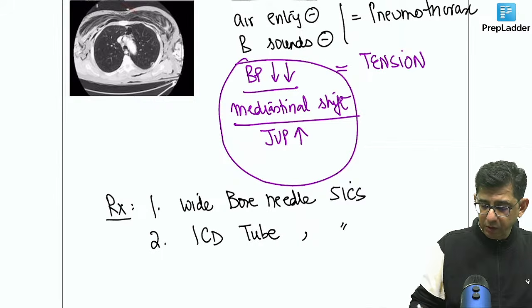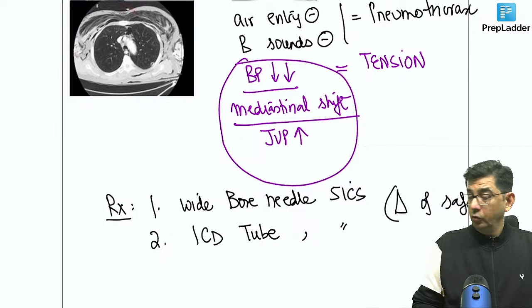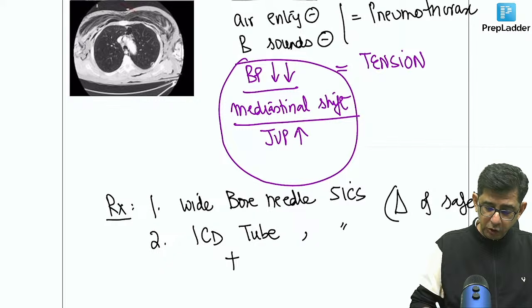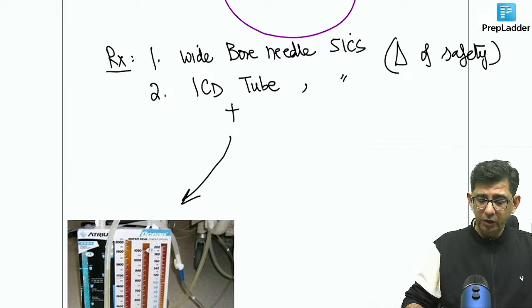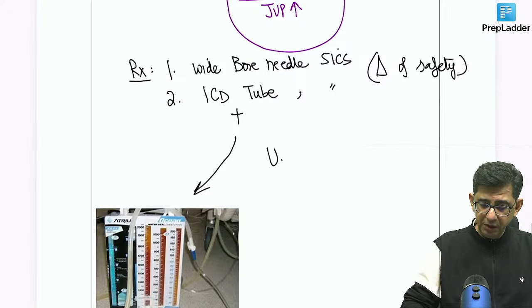That would again be put in the fifth intercostal space. Everything that we're doing is with respect to the area of the triangle of safety, and then this intercostal drainage tube will be connected to this bag that you can see inferiorly, that is called an underwater seal drainage, that is a UWSD, and this is the real big deal.